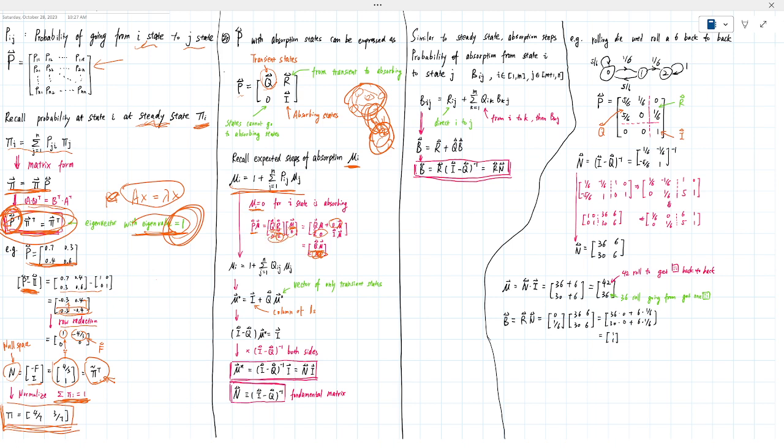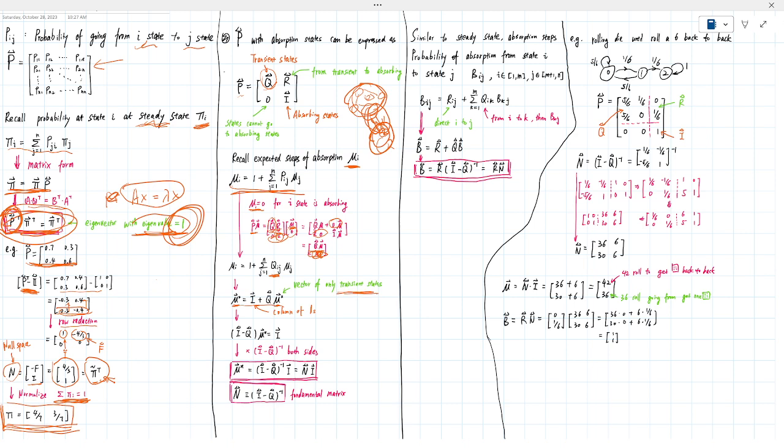We just keep the transient state calculation. So we only leave mu as the vector that is only in the transient states, not the absorbing states.